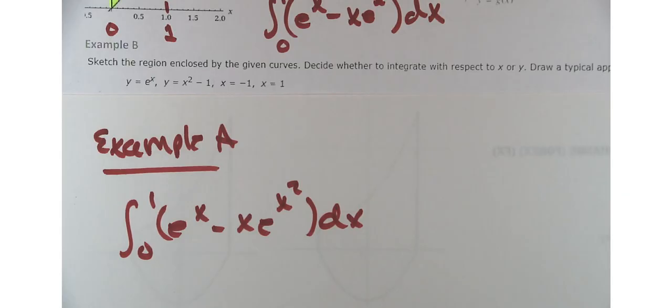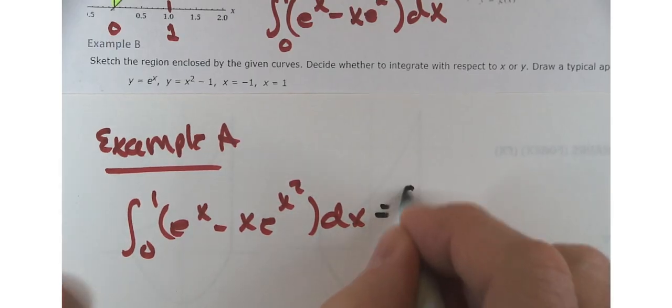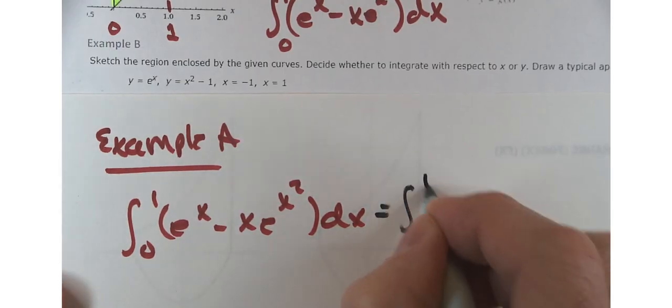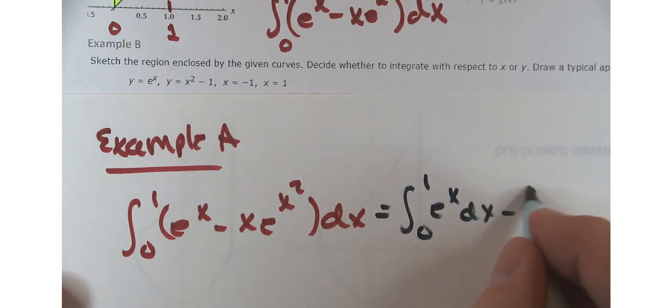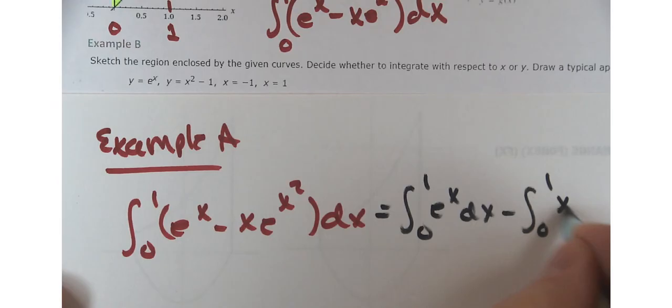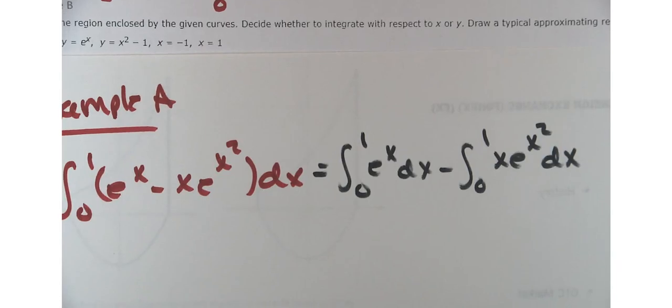Now, what might be helpful for you would be to break this up into two integrals. The integral from 0 to 1 of e to the x dx minus the integral from 0 to 1 of x e to the x squared dx. So nothing earth-shattering there.